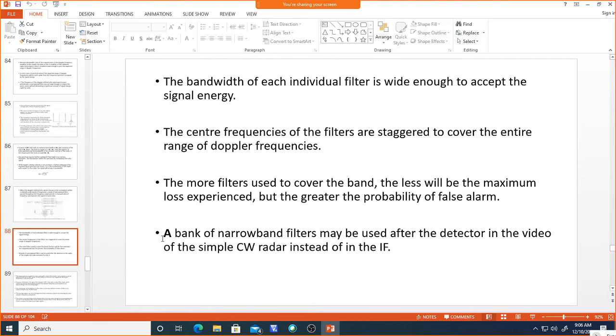Now if you use more filters, the probability of loss will be less. There is no maximum loss which will occur, but the probability of false detection will be high, because whenever you put narrow band filters side by side to cover the range of frequency, the threshold level may lie outside the bandwidth of the narrow band filter.